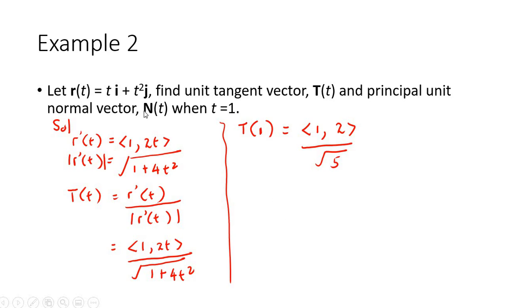And then to find N(t), you need to differentiate T(t). The T(t) that we obtained is i plus 2t j divided by square root of 1 plus 4t squared.